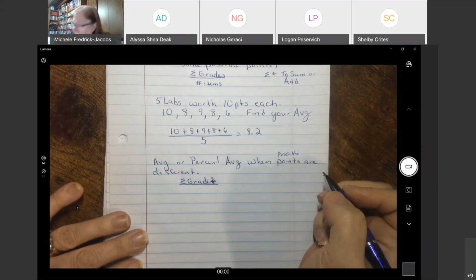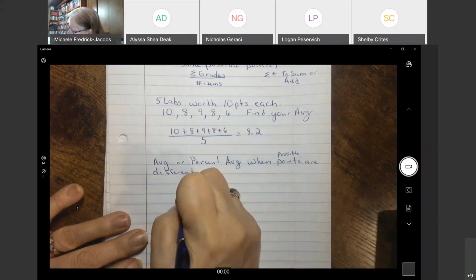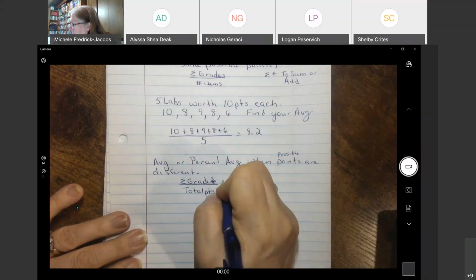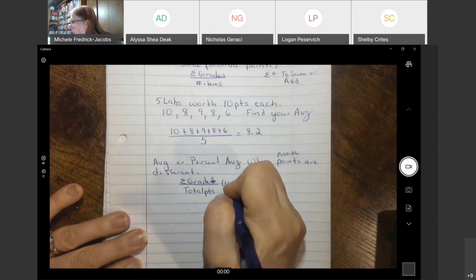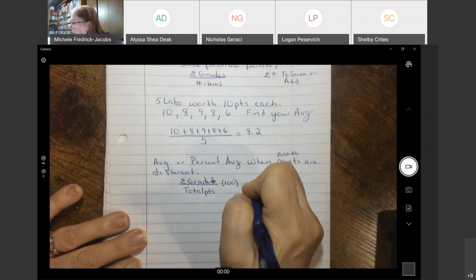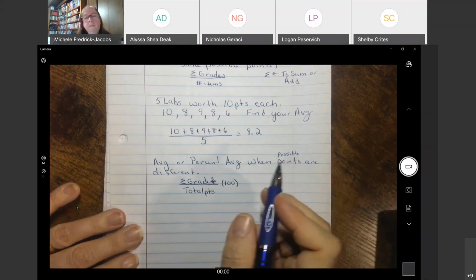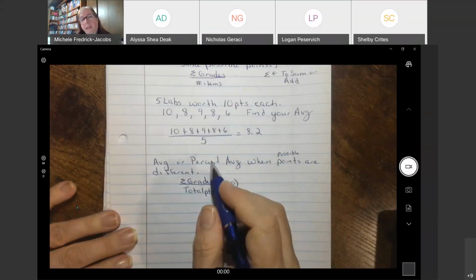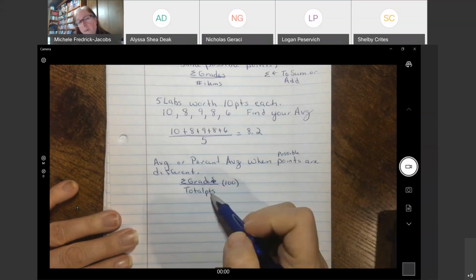And then divide by total points. And then to make it a percent, we multiply by 100. So you would add all of them up, and instead of dividing by how many there are, you divide by the total points.